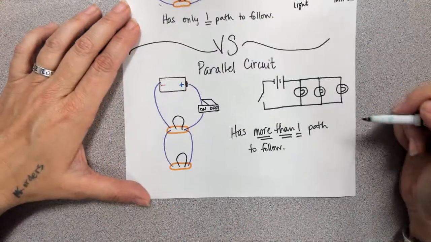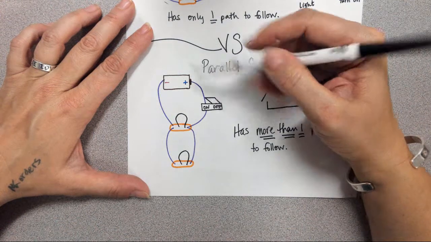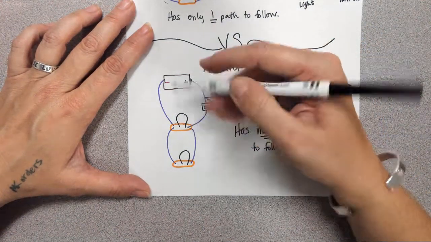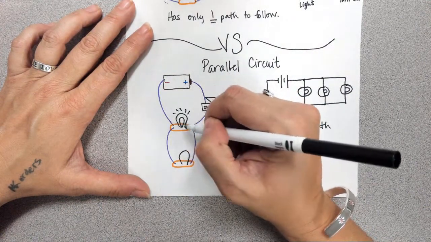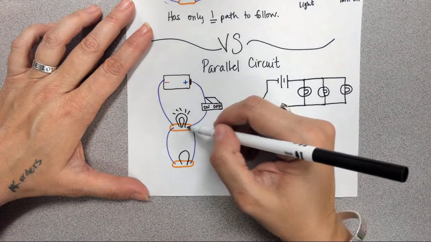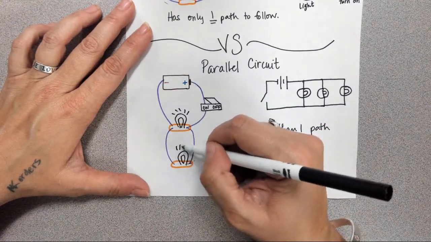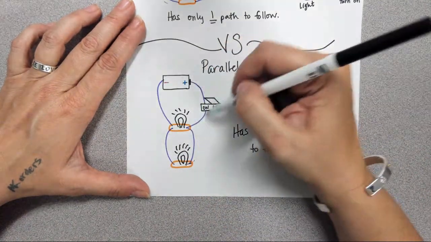Again, I'm going to watch the electricity. My switch is on, so the electricity goes through the switch, into the light, up through my filament, and my light turns on. Then it comes down here, goes through the filament, my light turns on, then it comes up here and goes back to the battery.